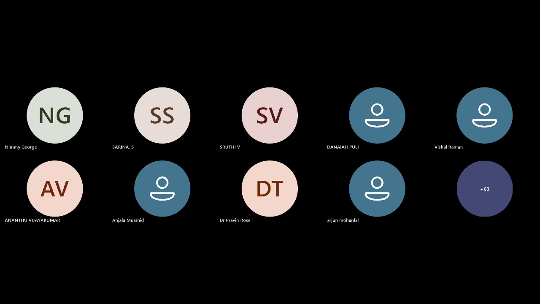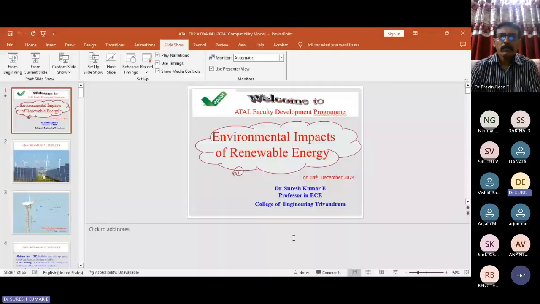I'll do one thing. I'll put in the share. Then I can see screen, window, or tab. In that, Chrome tab, window, and entire screen. Sir, if you're comfortable with entire screen, no issue. Otherwise, you can take the window, and in that window, you can select the PowerPoint. Now, full screen. Is it okay now?